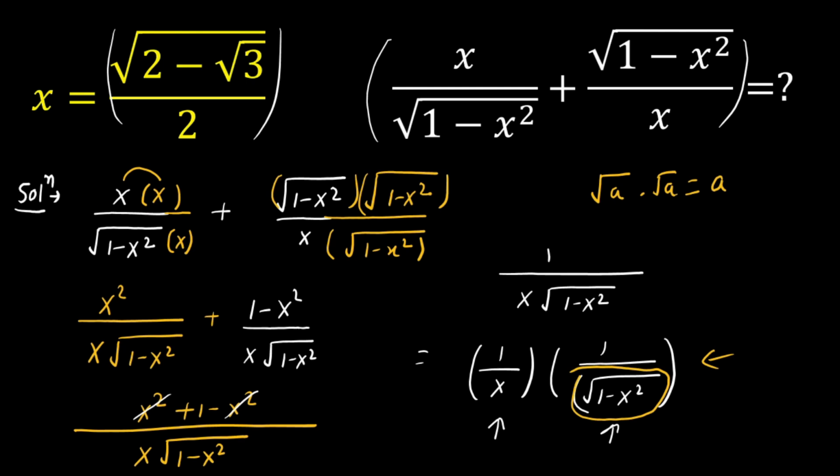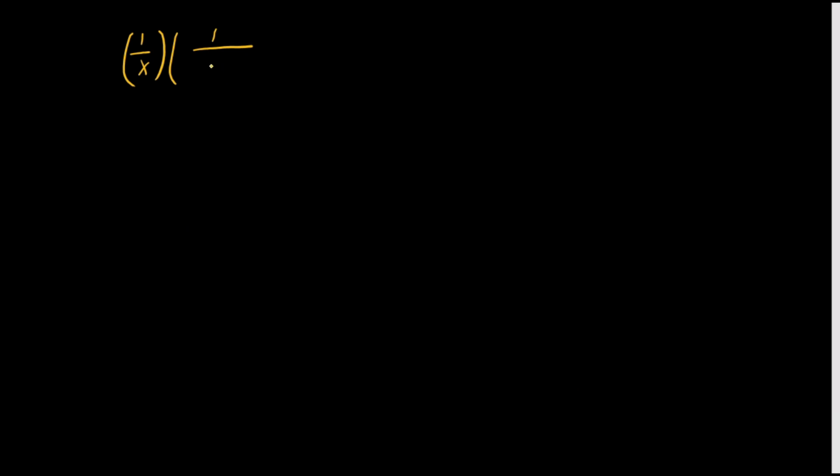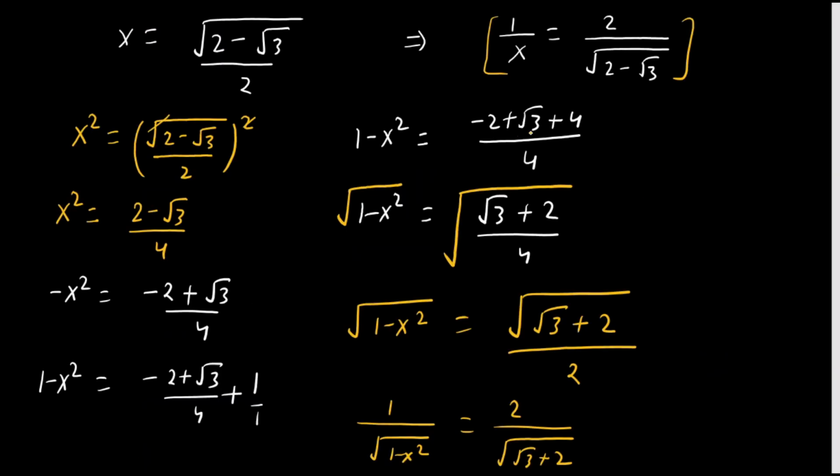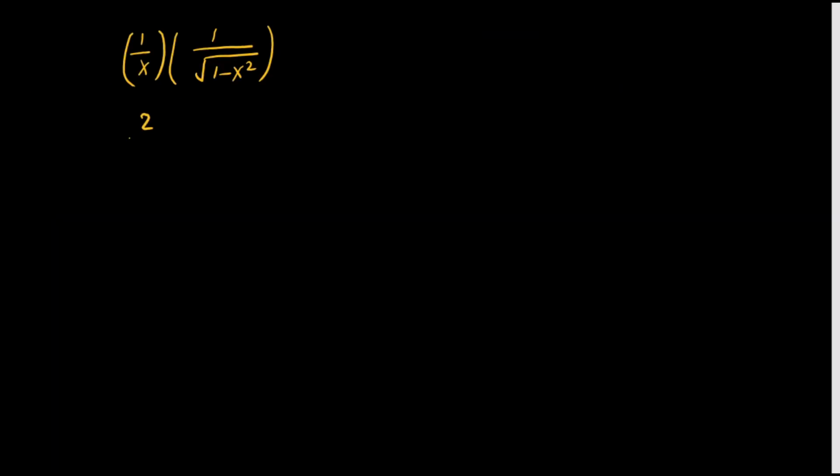1 over x multiplied by 1 over square root of 1 minus x square. We know that the value of 1 over x is 2 over square root of 2 minus square root of 3, and the value of 1 over square root of 1 minus x square is 2 over square root of 2 plus square root of 3.